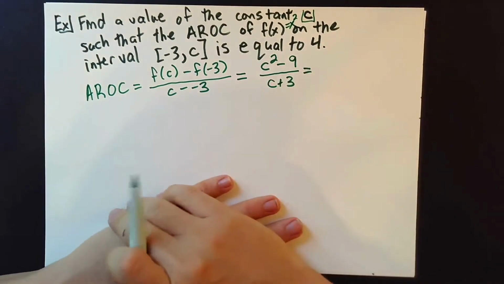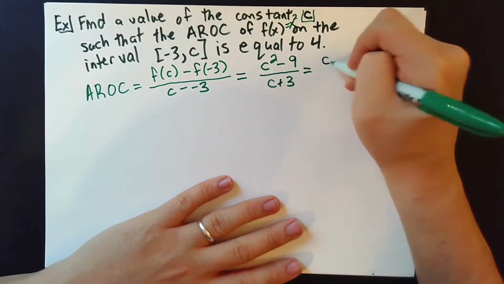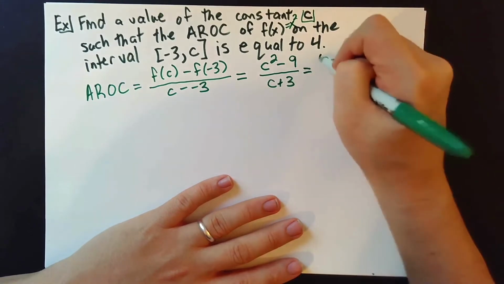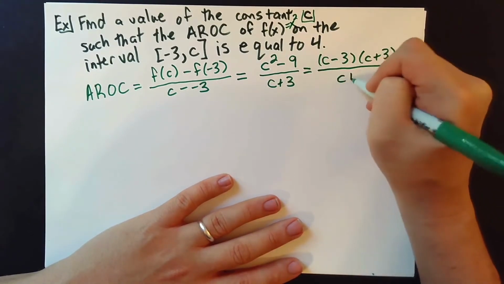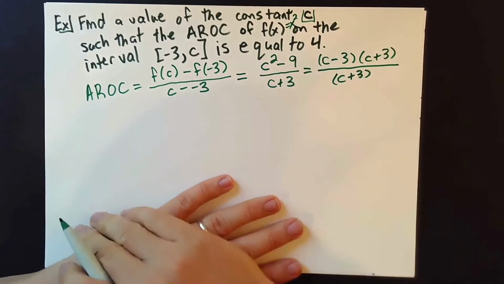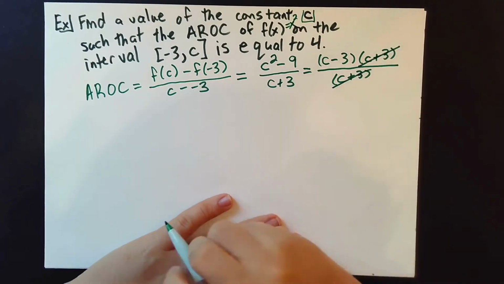Okay, I'm going to go ahead and notice I can simplify this. Namely, if I factor the numerator here, c minus 3 times c plus 3, divided by c plus 3. And once I've done that, I can cancel the c plus 3's.